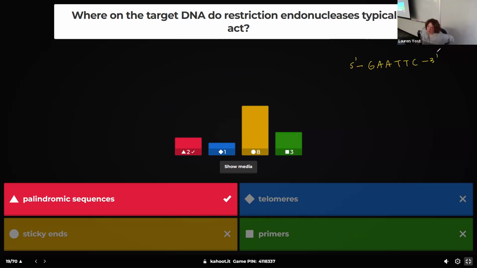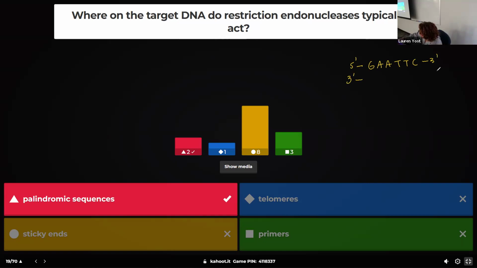This was an issue with the other class as well. So this is reading and comprehending what the question is asking. It's asking where on the DNA do the restriction endonucleases act, not what do they create when they act. So when restriction endonucleases cut, they do create sticky ends, but they don't target sticky end DNA. They create the sticky ends. So that's kind of getting what the question is asking there.